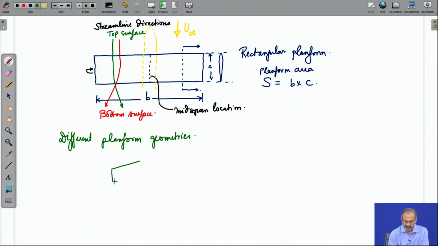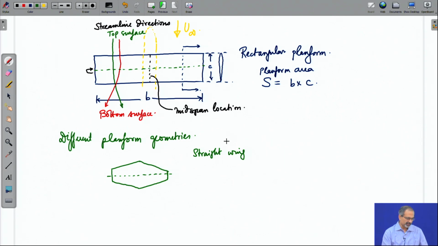There could be another possible geometry like this and others too, which belong to the same category, that is straight wings. It will become clearer to you if we include one more detail in these drawings, that what we mean by a straight wing.